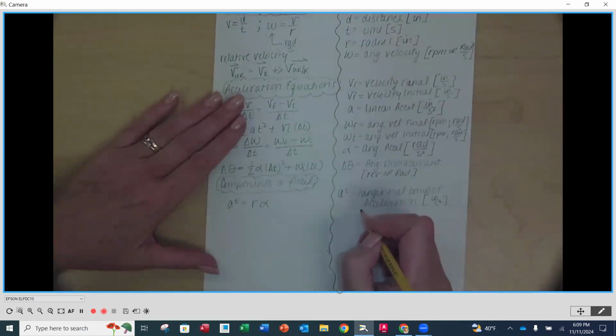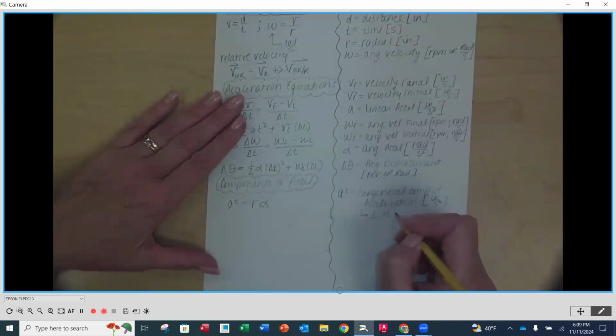And then we want to say this is going to be perpendicular to the radius of rotation, okay? And as we know, it's either going to be pointing in the same direction as velocity if it's speeding up, or opposite the direction of velocity if it's slowing down.